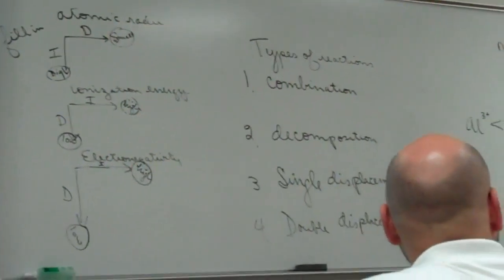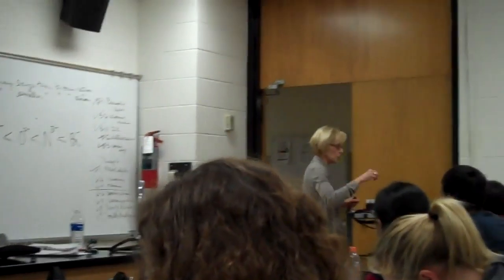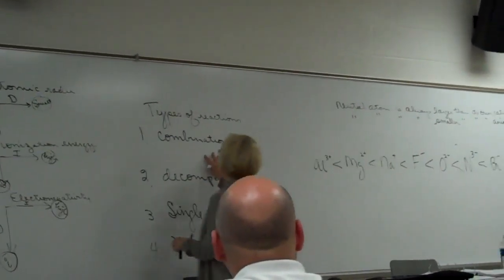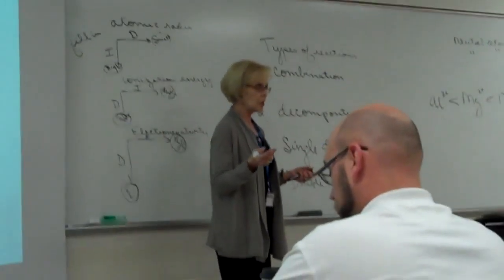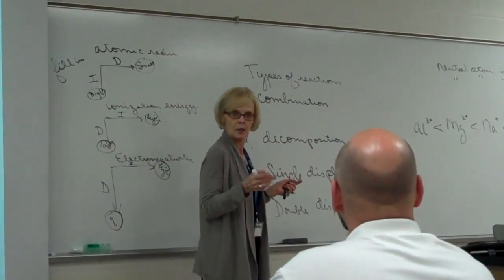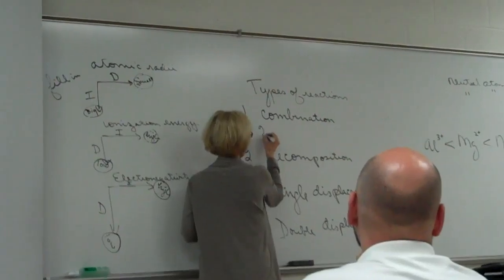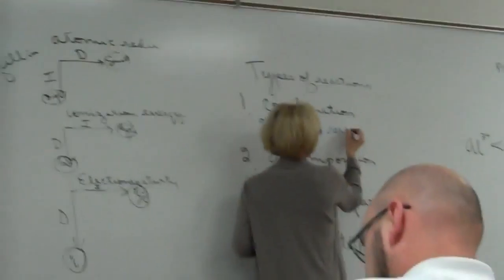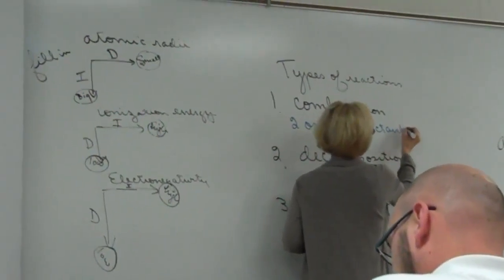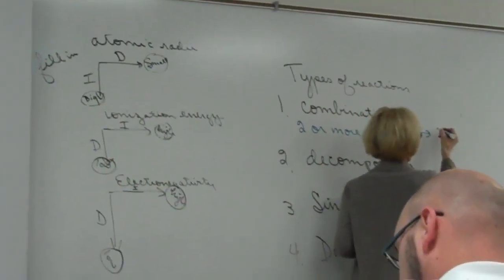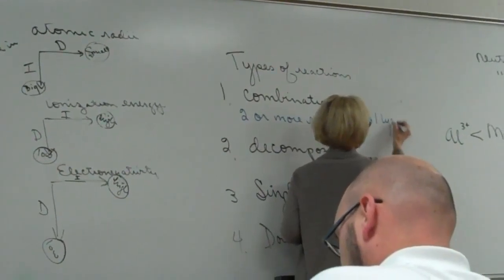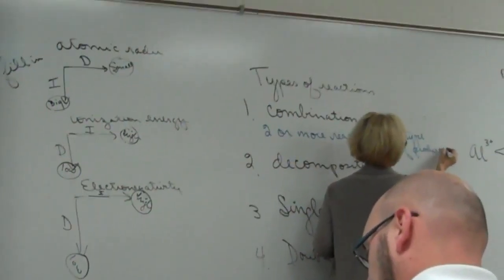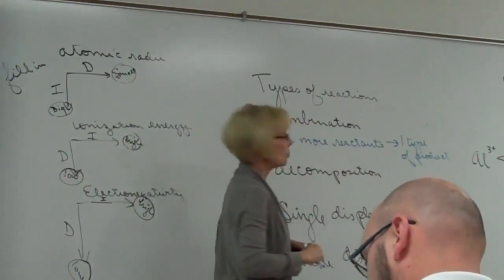And I had up here one day the same stuff, so let me put it again. What you have to be able to do for a combination, all you have to do is recognize it. With a combination, you have 2 or more reactants, and you get 1 type of product. Okay, 2 or more reactants.